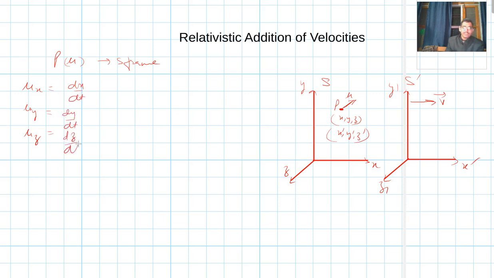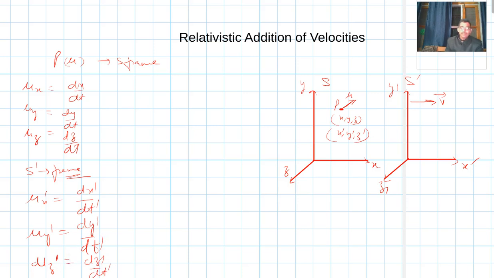But when it is seen from the S prime frame, then the velocity components will become ux prime is equal to dx prime over dt prime, uy prime is equal to dy prime over dt prime, and uz prime is dz prime over dt prime.